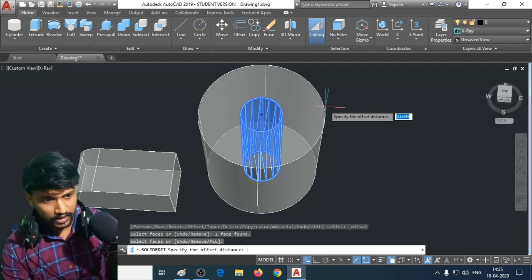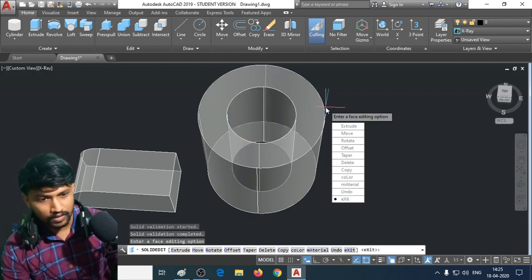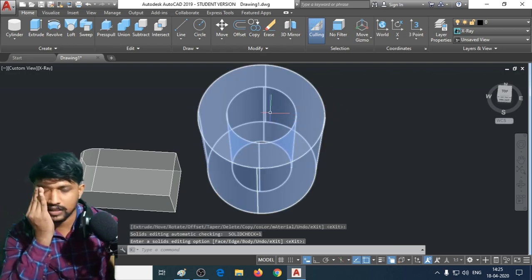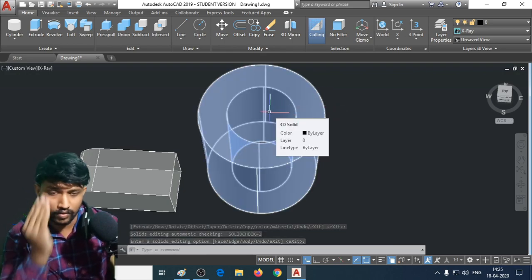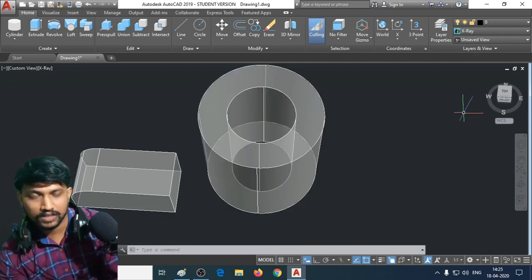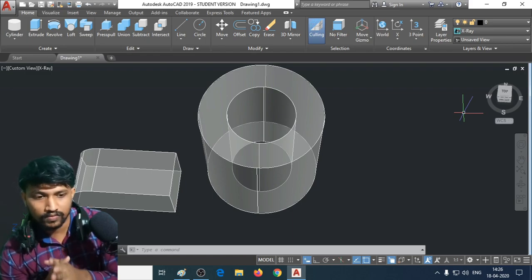Press enter, give an offset of negative 0.5, not 5, let us say 0.1. If you use minus, it is going to extend that hole or enlarge that hole. If you want that hole to be closed or shorten that particular circle, then you can use the positive values.